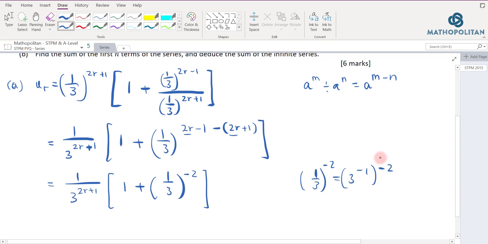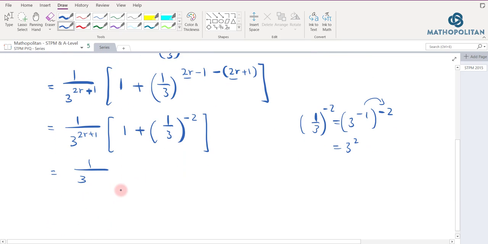Negative 1 times negative 2 gives 3 to the power of 2, which is 9. So we have 1 over 3 to the power of 2r plus 1 times (1 plus 9), which is 10. So we have 10 over 3 to the power of 2r plus 1.